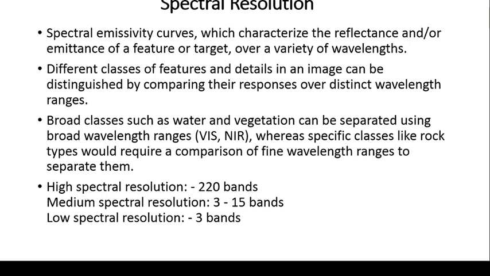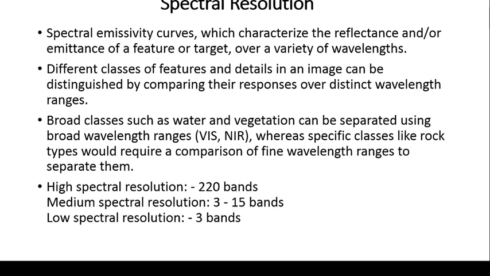And at low spectral resolution, we can use only 3 bands. Mostly visible bands are used, that is blue, green and red. So we get very broad wavelength ranges, and only broad classes can be classified by low spectral resolution. So to differentiate within very specific or very minute classes, we have to use high spectral resolution.